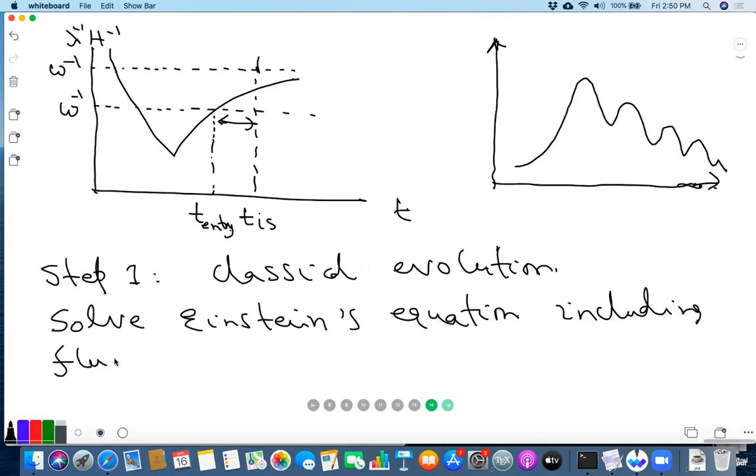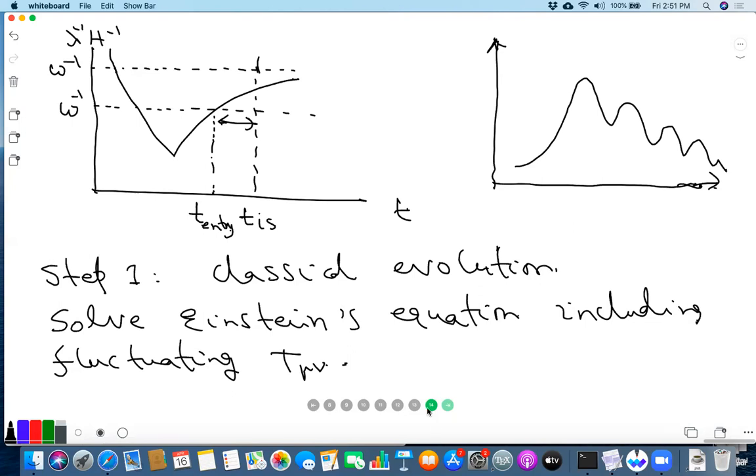Including fluctuating source terms, T mu nu. In general, if you work in a general gauge, then there is a fluctuation in phi tilde and a fluctuation in the metric. So the phi tilde fluctuation will produce some fluctuation in T mu nu. So you set up the equation as some fluctuation of the metric on one side.